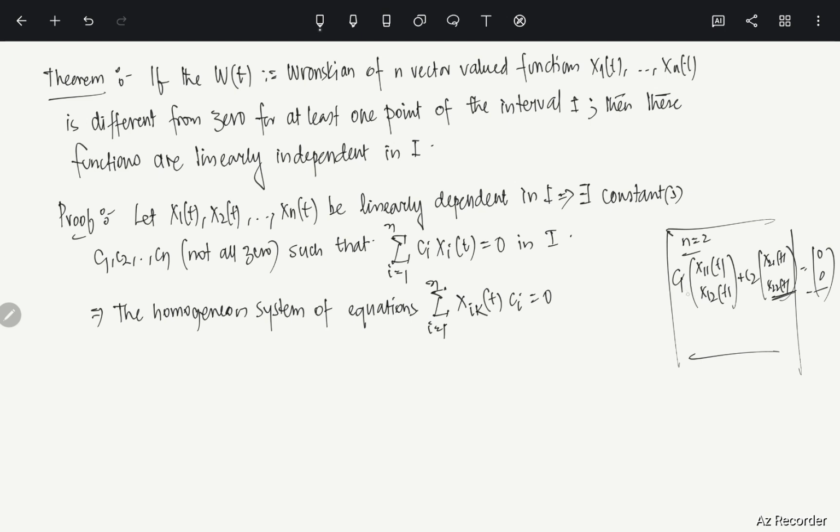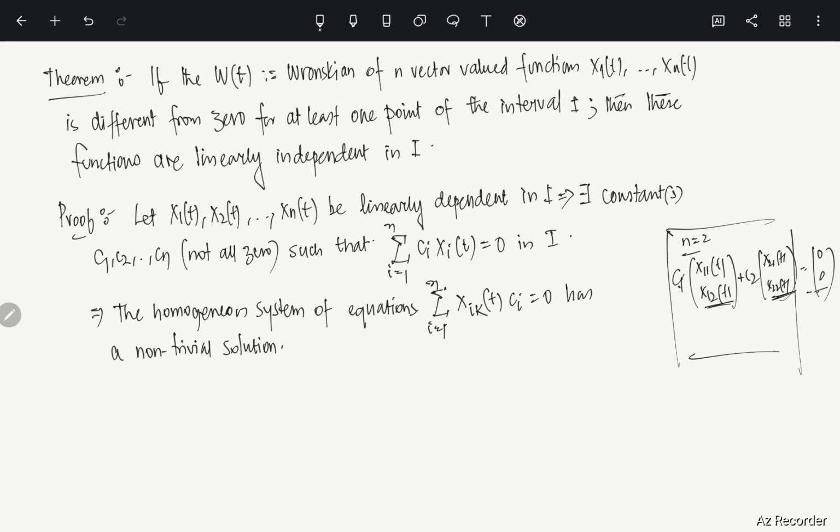So that will imply C1 x11 plus C2 x21 is 0, and C1 x12 plus C2 x22 is 0. This is what I am just writing. So this homogeneous system has a non-trivial solution, right? At least one of the Ci's is non-zero.